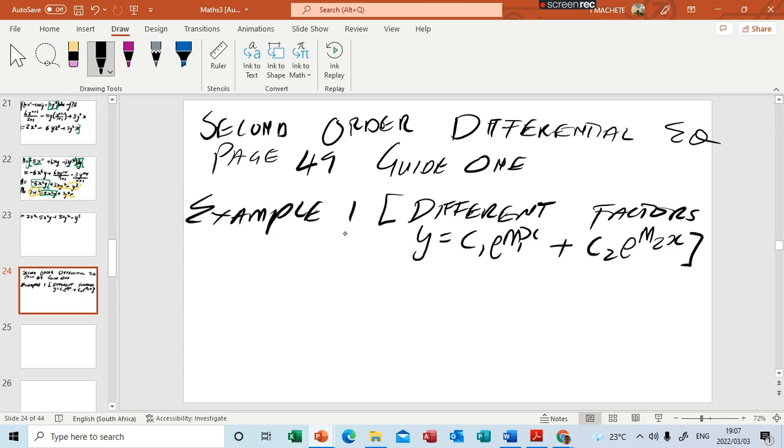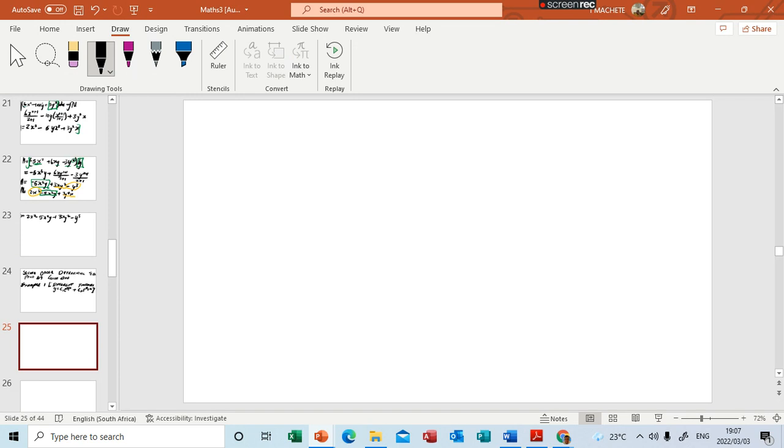So the first step, like for example, I'm gonna write that example. So for this example, you've got different factors. And then they ask you to find the equation of that second order differential equation. They want you to find the equation of that.